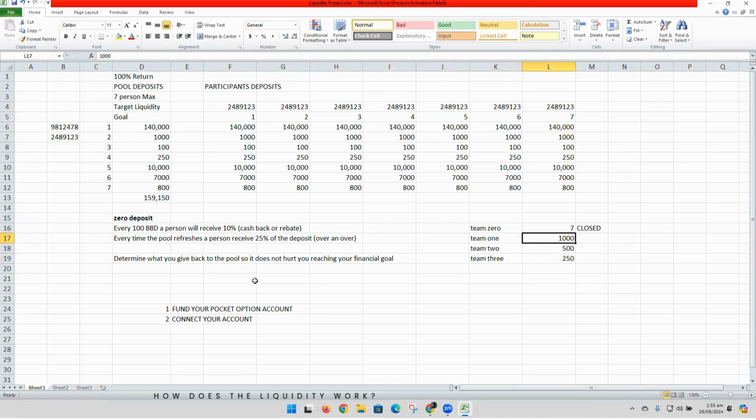So just going to go over this one more time. The liquidity pool consists of seven maximum persons. Once that is met, the group is closed off. Each person gets to choose their financial goal, what they want to achieve in this liquidity pool, and they keep that value anonymous to themselves.